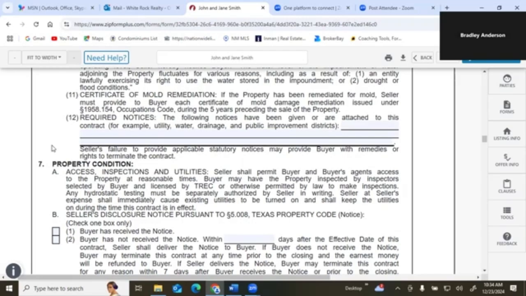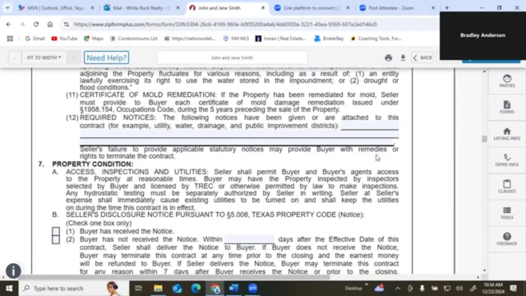So municipal utility districts, where is the seller getting their water, sewer? Are they in a public improvement district? Because if they are, all these examples mean more monthly fees. And it even goes on to say, seller's failure to provide the applicable statutory notices may provide your buyer with remedies or rights to terminate the contract. All right, so this is a big deal.